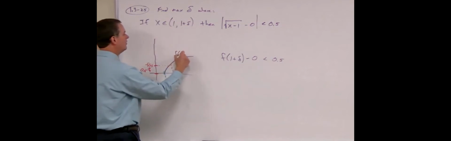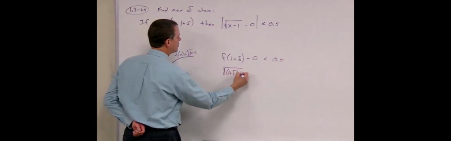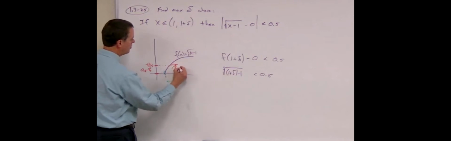Again, f of x equals the square root of x minus 1, so I've got the square root of 1 plus delta minus 1, and that's 0.5. I want to find that delta value algebraically. When I get out to a delta value right here, I want this distance right there to be 0.5.